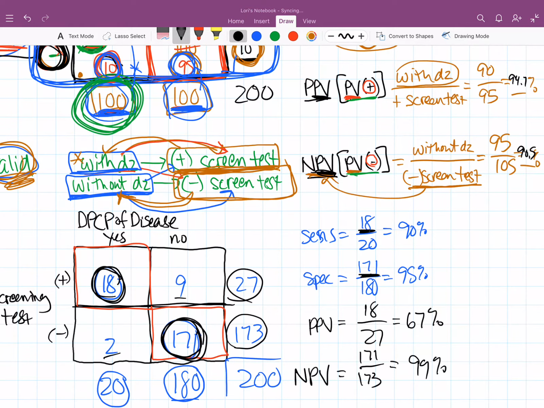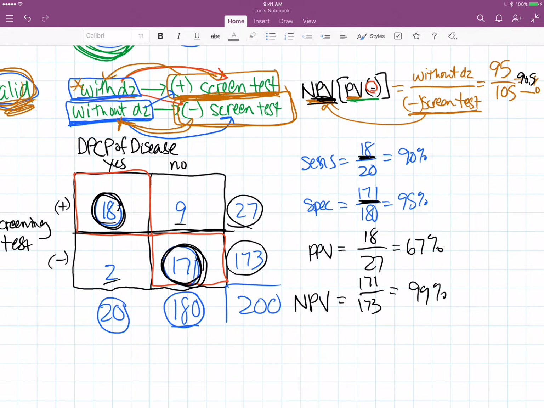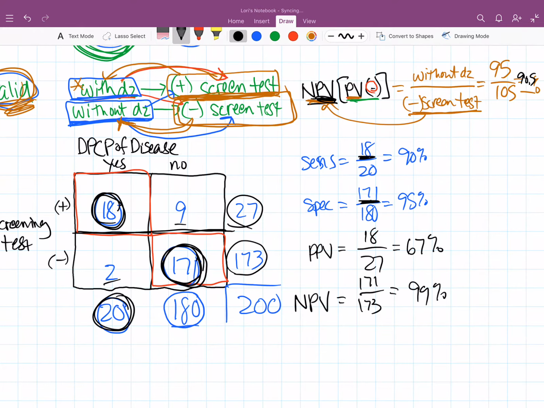So what happened to those numbers as the prevalence, basically the prevalence of this detectable preclinical phase, went from 50% down to 10% of the population, or of the people that we screened? What happened to those numbers?